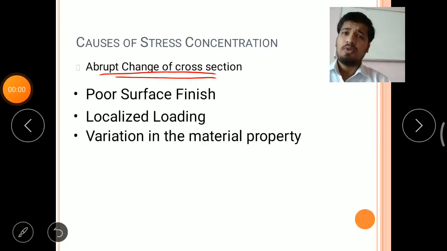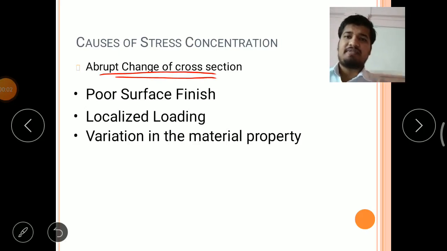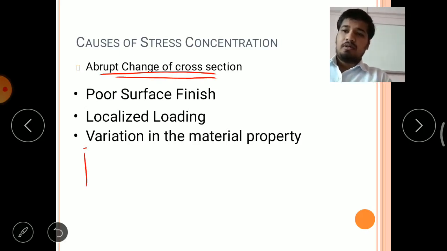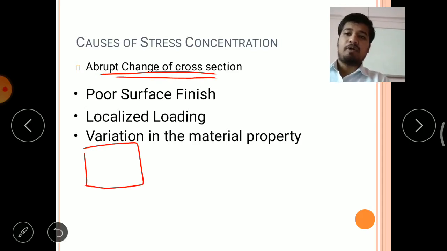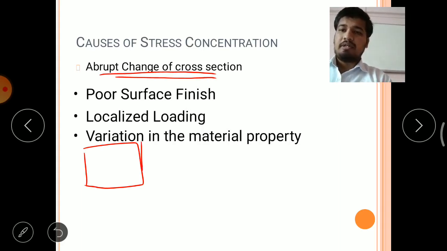Now to find the stress concentration factor, we use one rectangular plate. Here you can see that this is a rectangular plate, and we are going to apply force at its end, which we are not going to show here, but assume that the force is applied at the end. This is our first case.